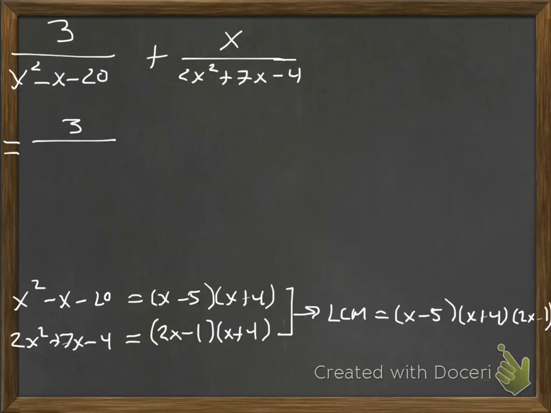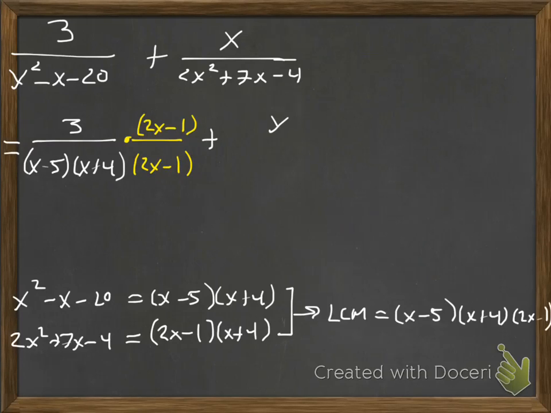So the first fraction, I'm going to go ahead and factor the denominator. And what it's missing is a 2x minus 1, so that's what we'll multiply the top and the bottom by. Plus, the second one, we'll go ahead and factor that denominator, so it'd be 2x minus 1, x plus 4.